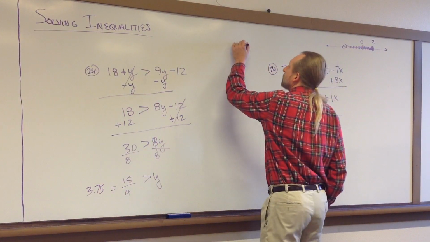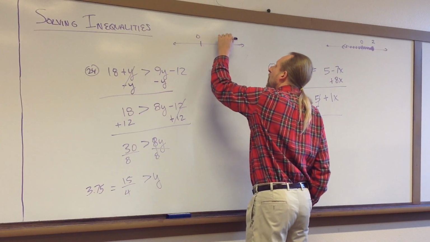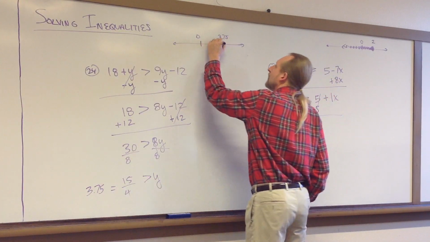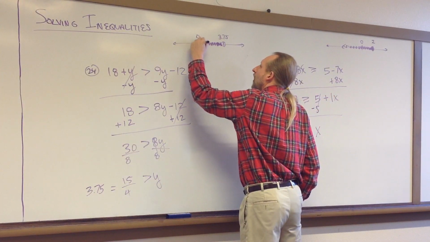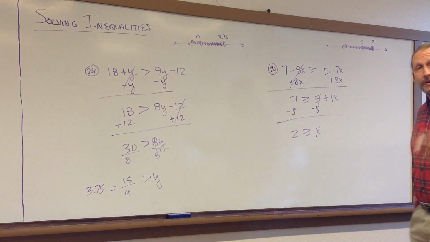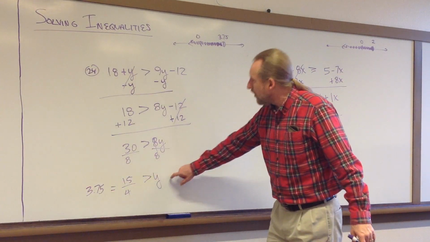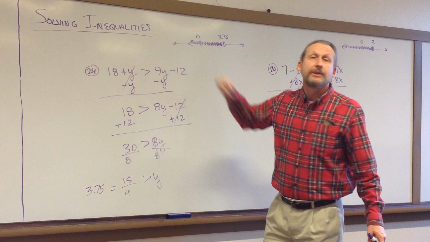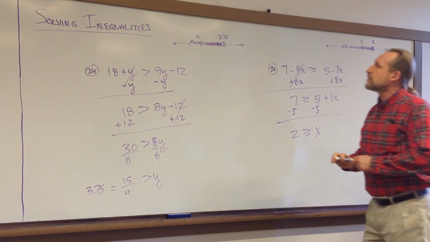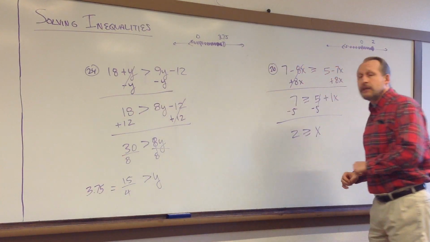So y less than 3.75. And no equal to on there, right? So we have an open circle, and everything less than 3.75. Remember, this side has the bigger opening, so this number is bigger, all the y's are smaller, and that's what this number line shows.